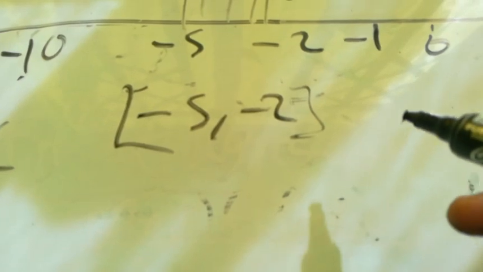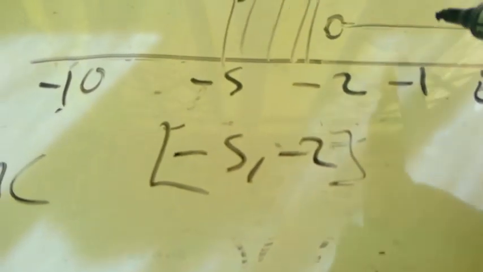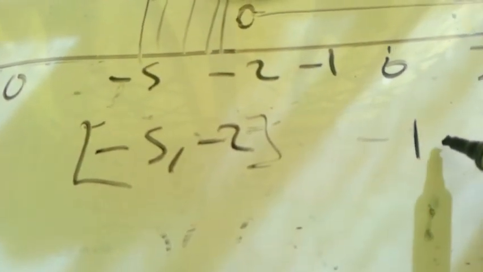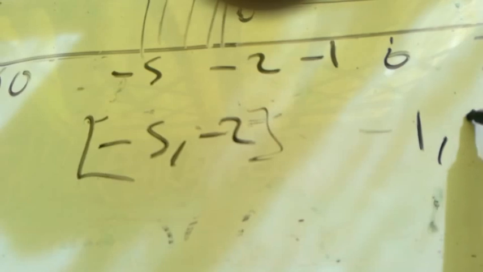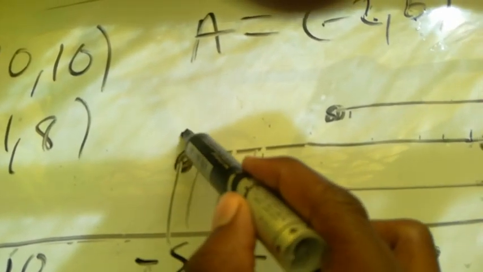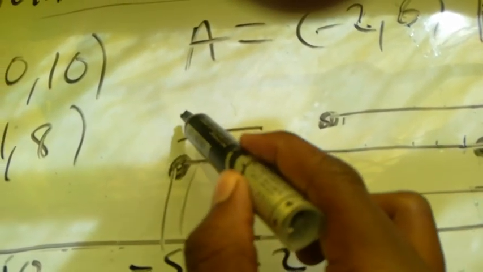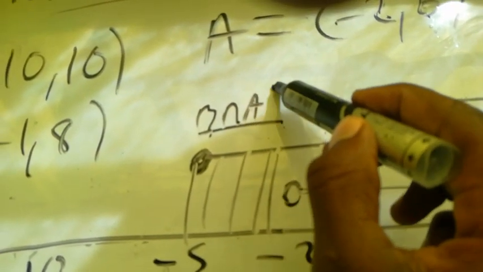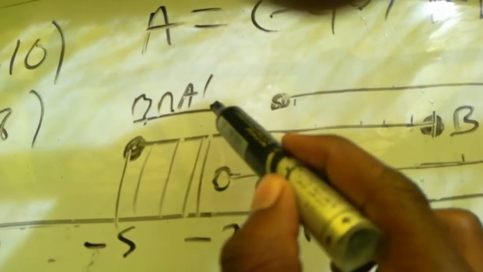Now this is our B intersection A complement, where this intersects with C. So C starts from -1 to 8. So notice that here this is our B intersection A complement. We want to find where these intersect.